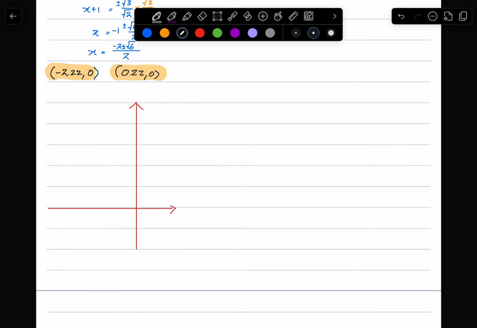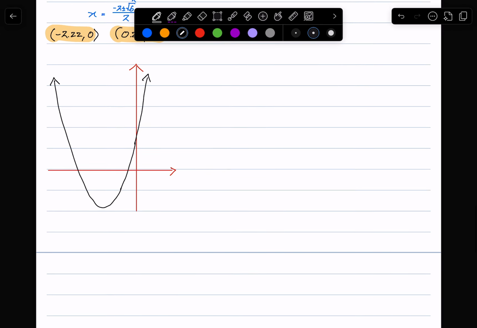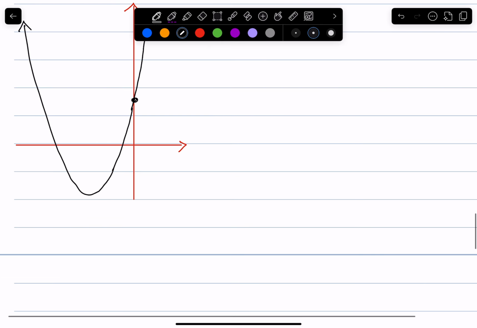So let's just say it'll look something like so. Make that a little bit neater. Try that one more time. Obviously, this doesn't need to be fully to scale, but here are the points that we have.